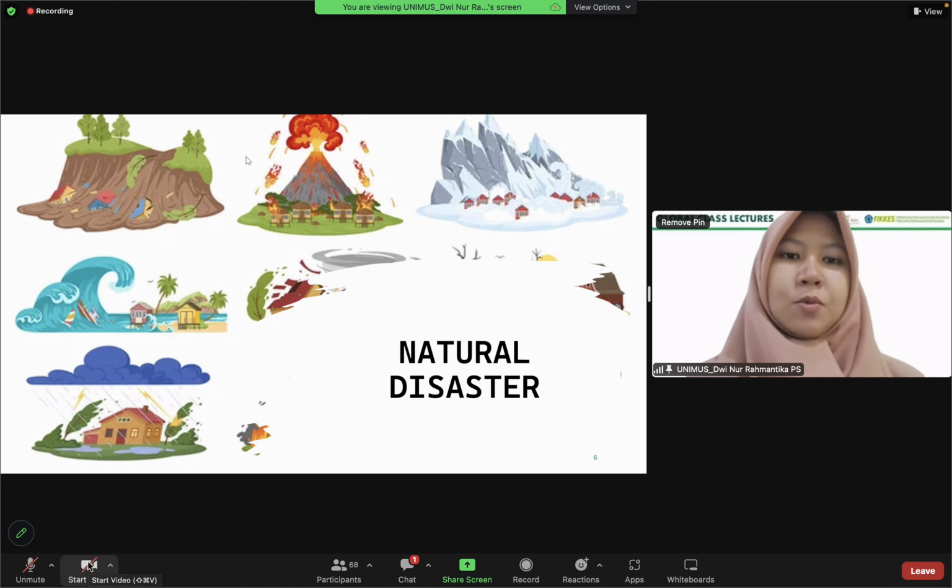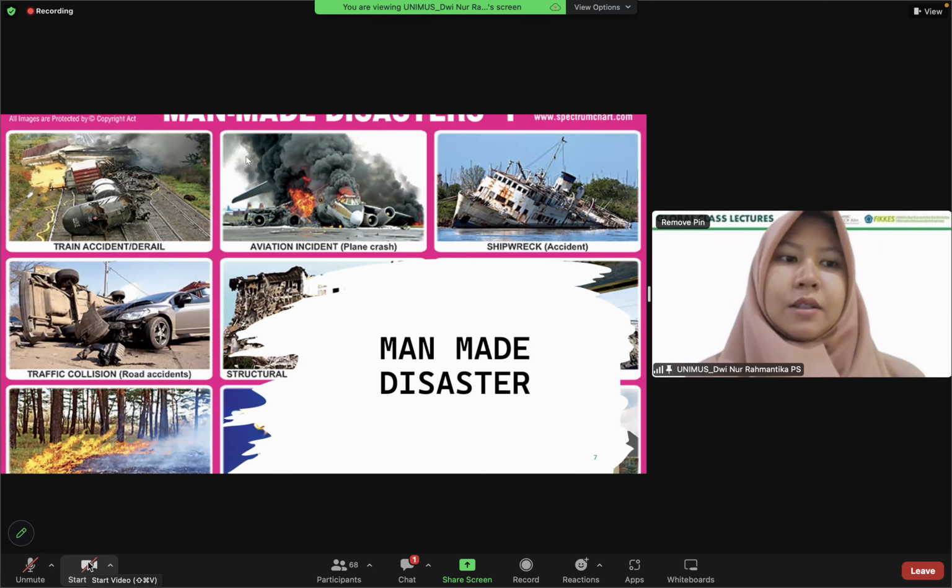So for this one, yes, we do the disaster triage in the pre-hospital. But for a train accident or traffic accident and others, disaster triage is conducted in the hospital.